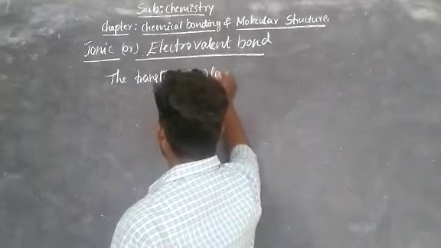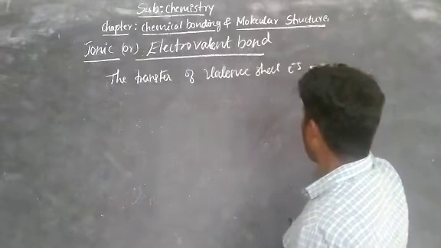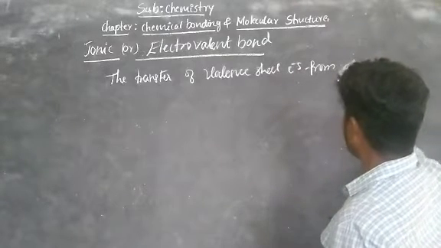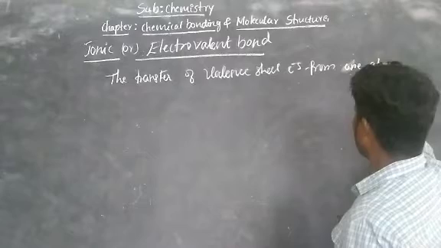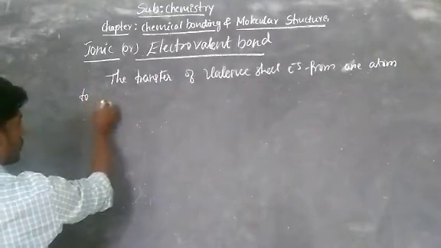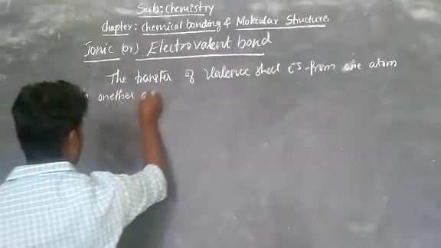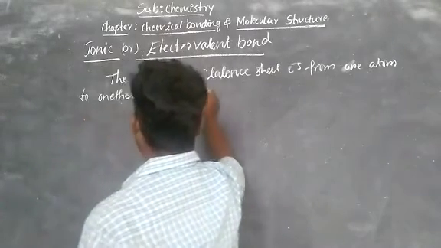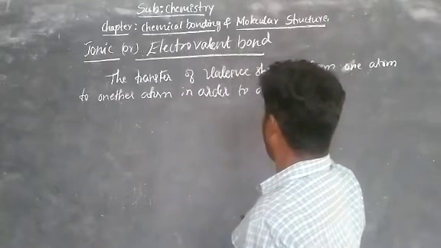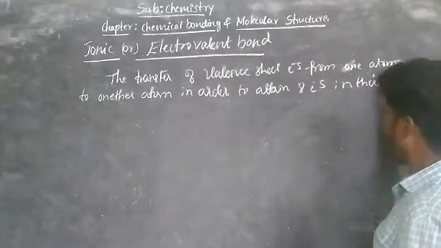So ionic bond is defined as the transfer of valence electrons from one atom to another atom in order to attain 8 electrons in their outermost shell.